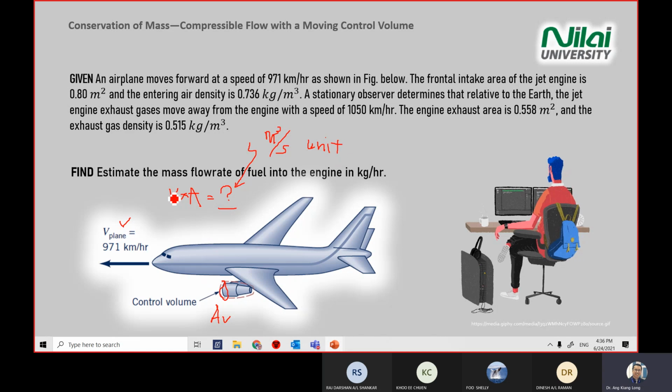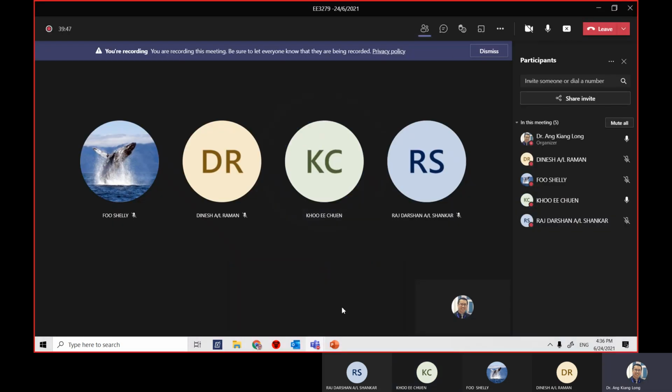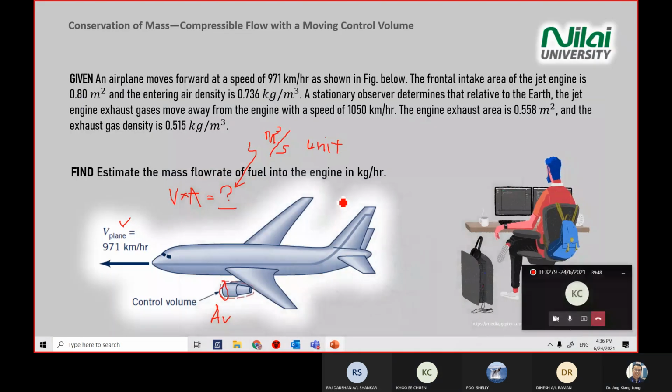But what is the product when you take velocity times area? What is the name for the product between these two? Dinesh, are you there? Yes, sir.